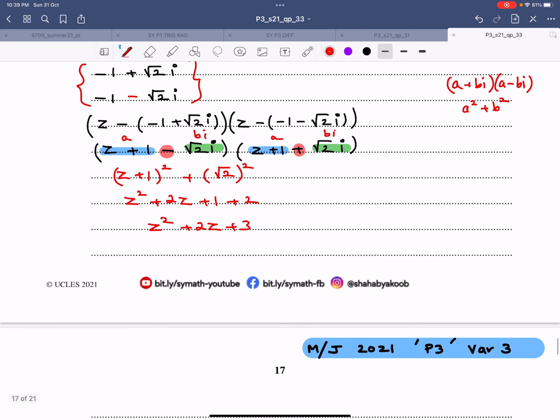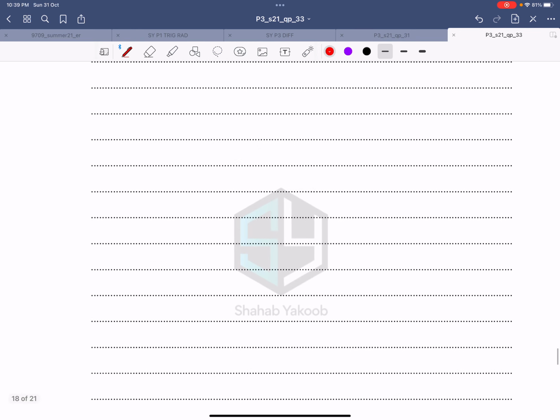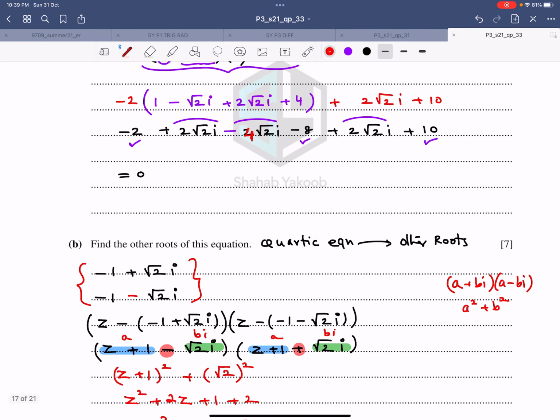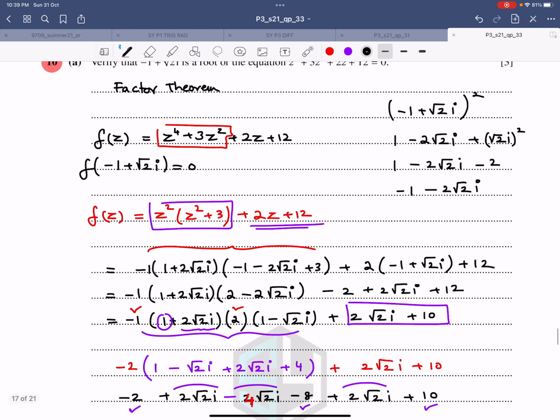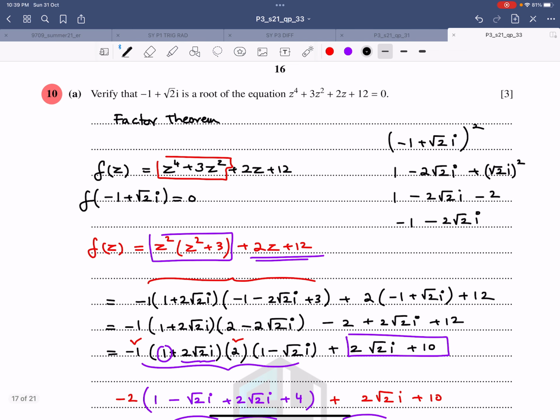Now I need more space, and the examiner has given a lot of space for this last question. Now what do I do now? Let me take this quartic equation and let me divide. So z4 plus 3z square, remember the cubic term is missing.